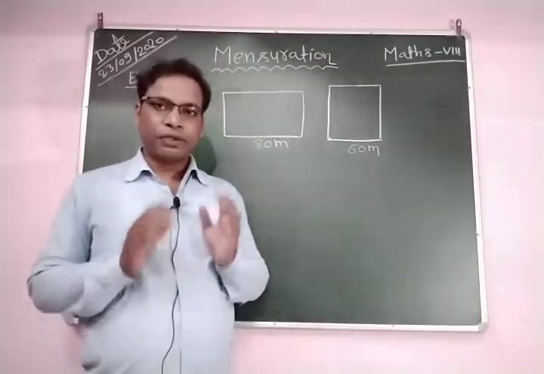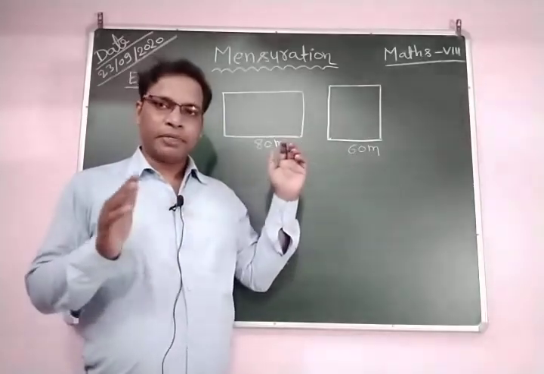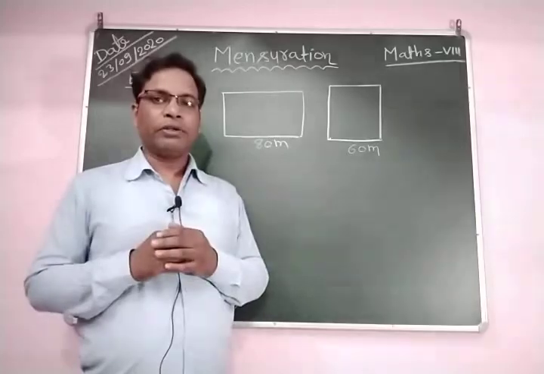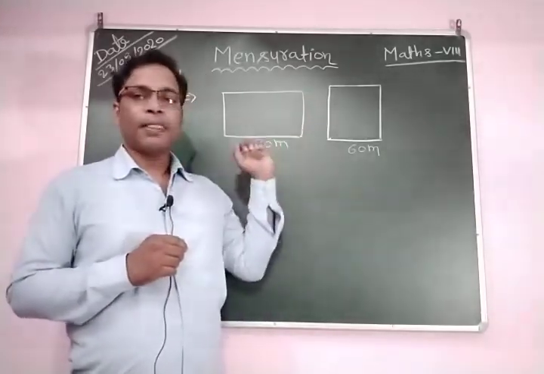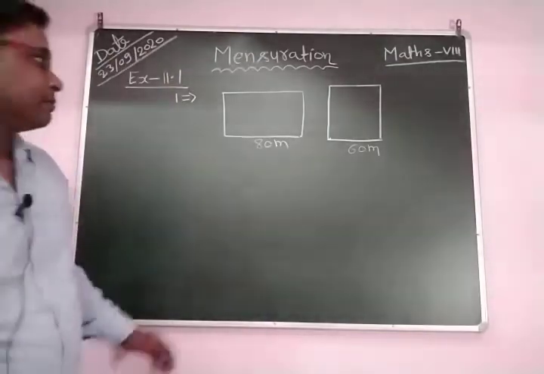So for this, first you find the perimeter of both fields, and because they are given as equal, this condition will help us find the breadth of the rectangular field. So let's see how to find the breadth.